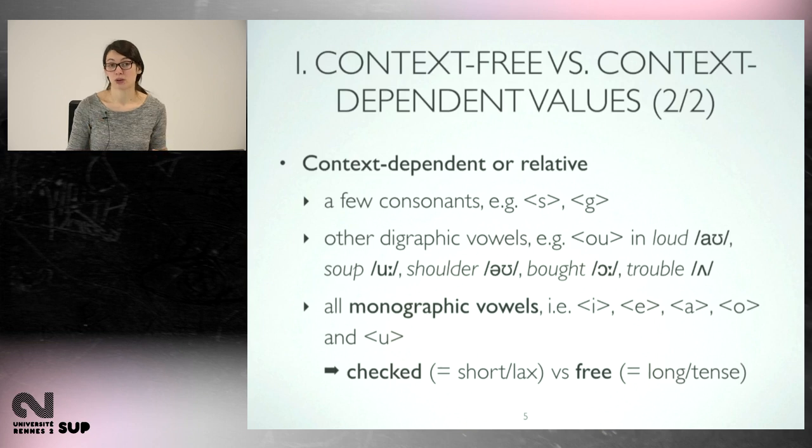They actually correspond to the opposition between short and long, or the opposition between lax and tense. So a checked value always corresponds to a short or lax vowel, while a free value corresponds to a long or tense vowel. And this is what we're going to study in more detail.